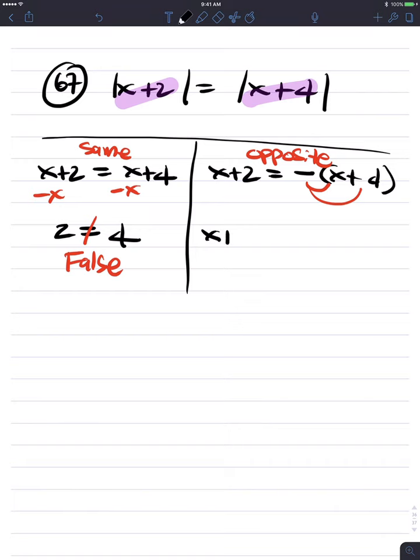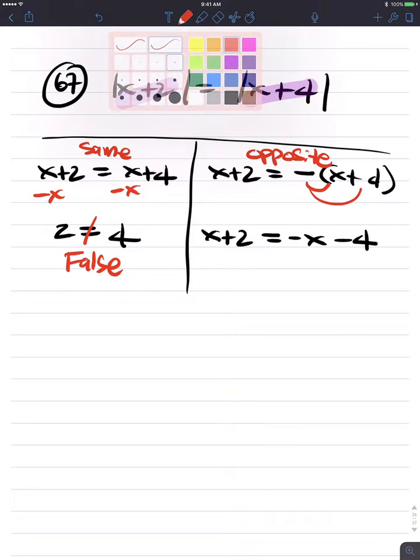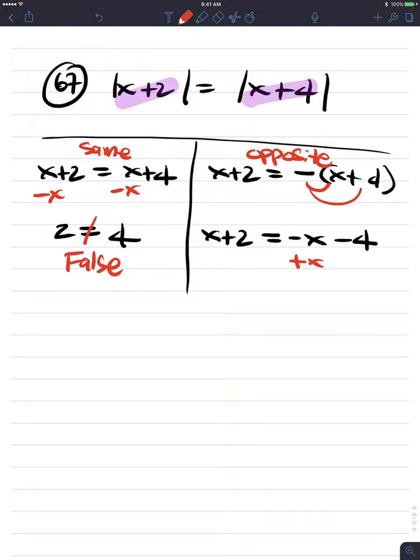On the right, I have x plus 2 gives me negative x minus 4 when I distribute. I'm going to add x to both sides. I end up with 2x plus 2 is negative 4. I'm going to subtract 2 from both sides.